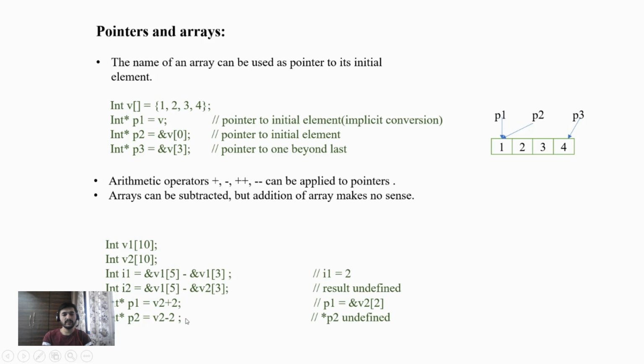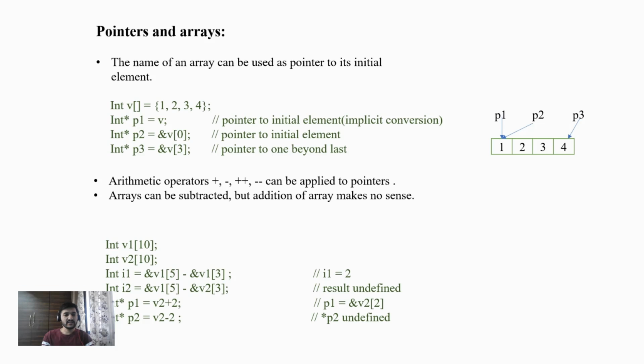Now for the case of p2, it is undefined because v2 points to the initial element of the array, and there is no array element before the zeroth element, so it will result in undefined behavior. So this is about pointers and arrays. I hope you have understood.